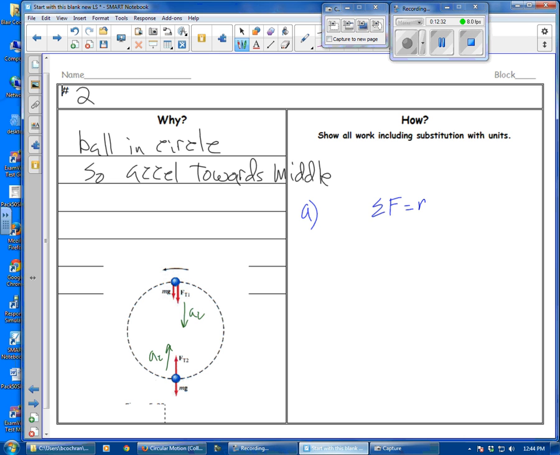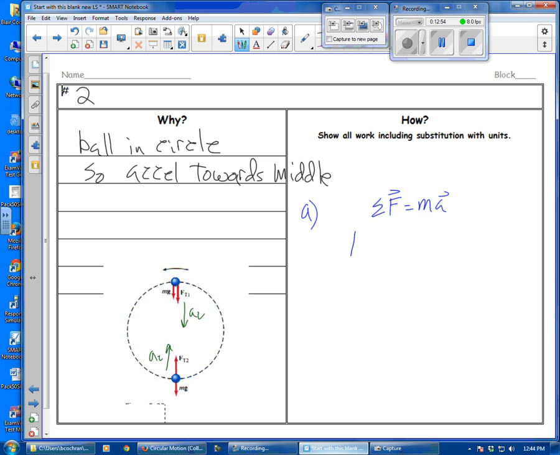Back to our old standby, Newton's second law. So our forces at the top would be, which way do you guys want to call positive for this top situation? Up or down? I'm going to call it down. I like down because then everything in that diagram is positive.